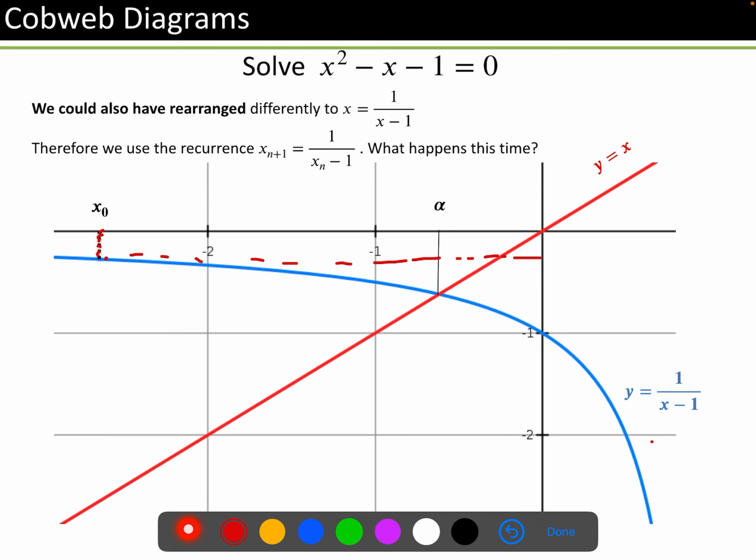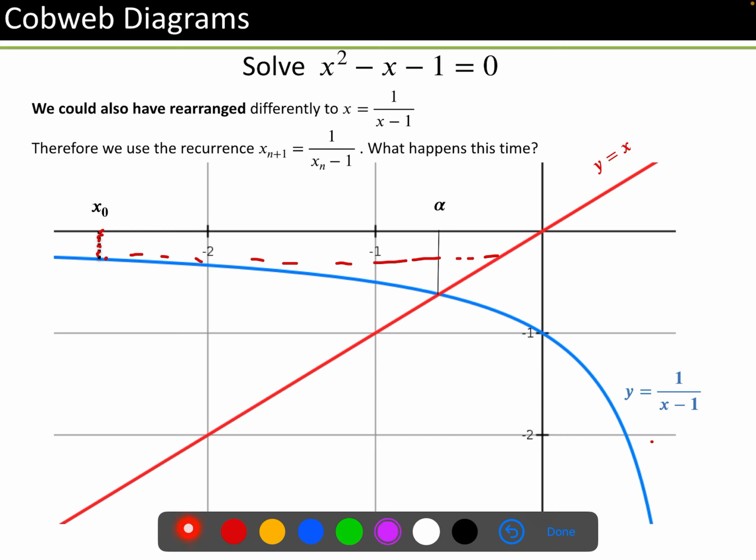So what could we do here? Well, we could take our x1 here and do the same thing again. But to speed this up a little bit, we'll just go across there. So we do our vertical, our horizontal. Where do you think we should go now? Have a think about it. So it's going to be down here.